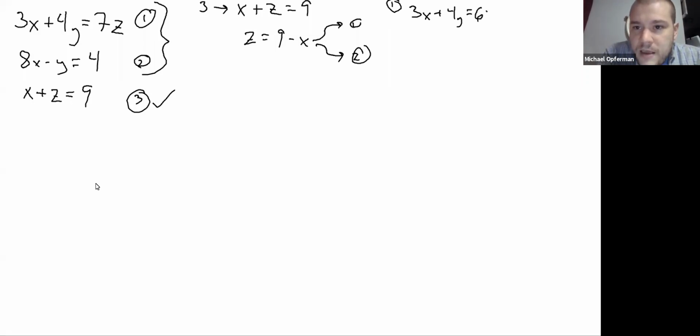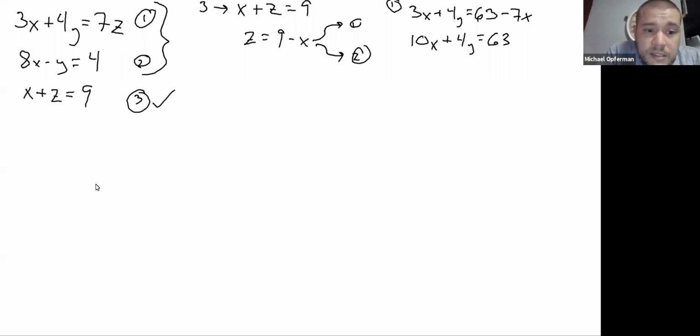So I'm going to have 63 minus x times 7, so 7x. And then I can simplify this a little bit. I see now I have x's on the left and on the right. So it's probably a good idea to combine those and make it 10x plus 4y equals 63. Okay, so there's my new equation 1.